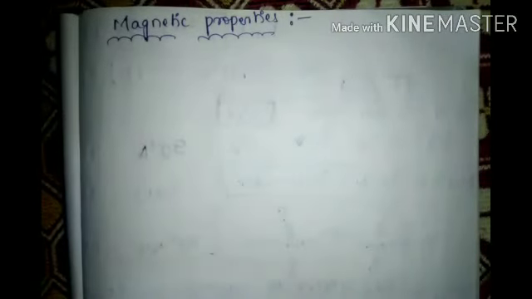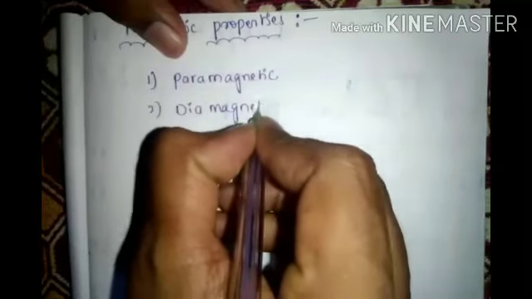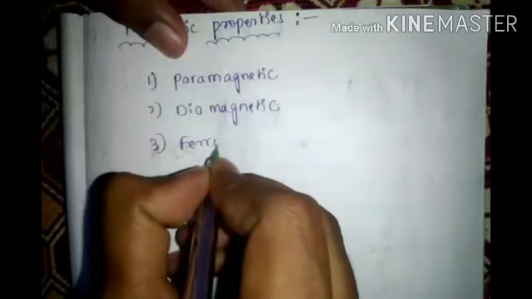Okay, magnetic properties. We already discussed a few magnetic properties at the end of the chapter on solid state. What we know are paramagnetic and diamagnetic, and the third one, ferromagnetic.